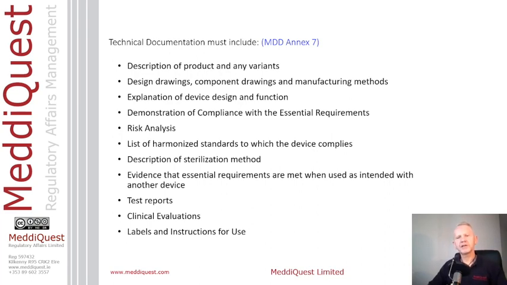So first you need to start off by explaining what your device is so that they can understand it, and then go through all the particular aspects of manufacture, how it was designed, what it's intended to do, what materials have been used, what subcontractors have been used, and go through the rigorous investigative procedure that the competent authority assessor is going to have to do, to look through it and say, okay, I can see in this aspect you've done everything right.